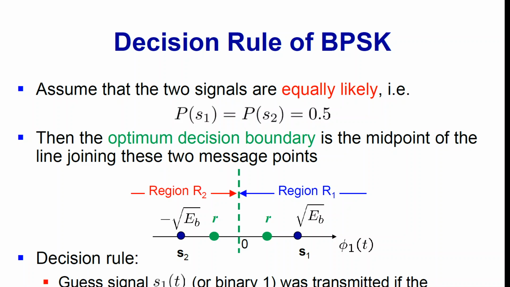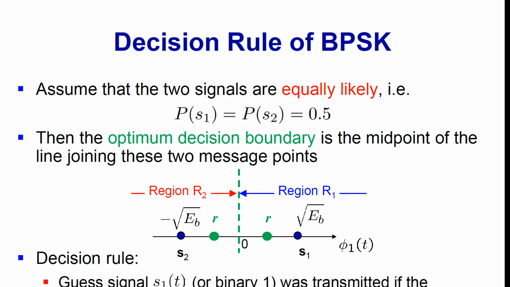I think you remember, if the two signals are equally likely, then the MAP rule, the maximum a posteriori probability rule, changes to the ML rule. So the detection rule reduces to the maximum likelihood rule.